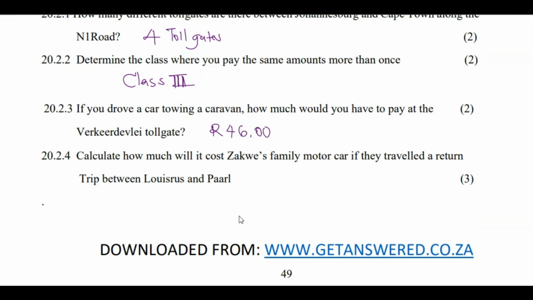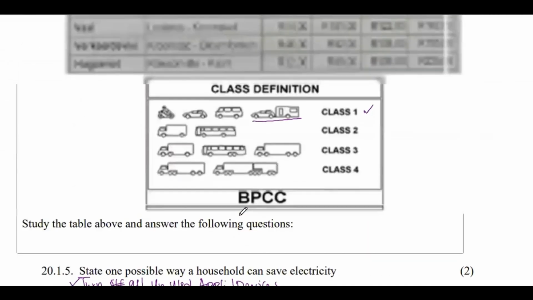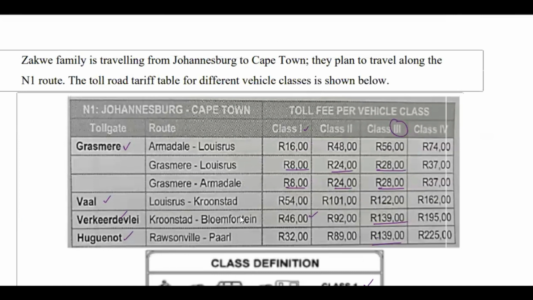Calculate how much it will cost the Zaki family motor car if they traveled a return trip between Louisiana and Pearl. Now let's go there and see. Okay.